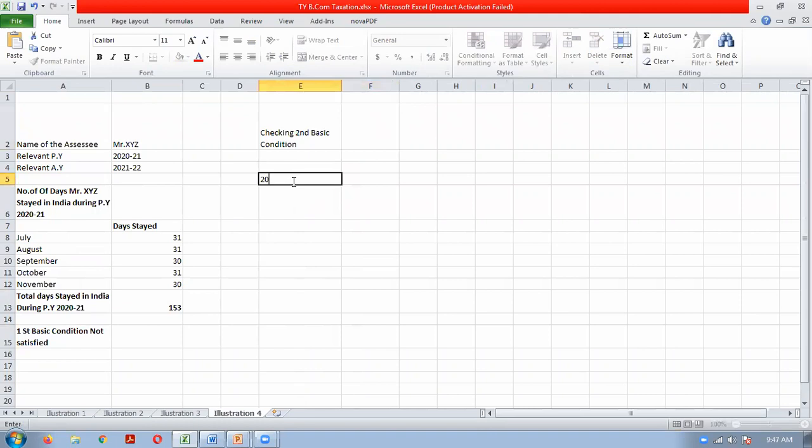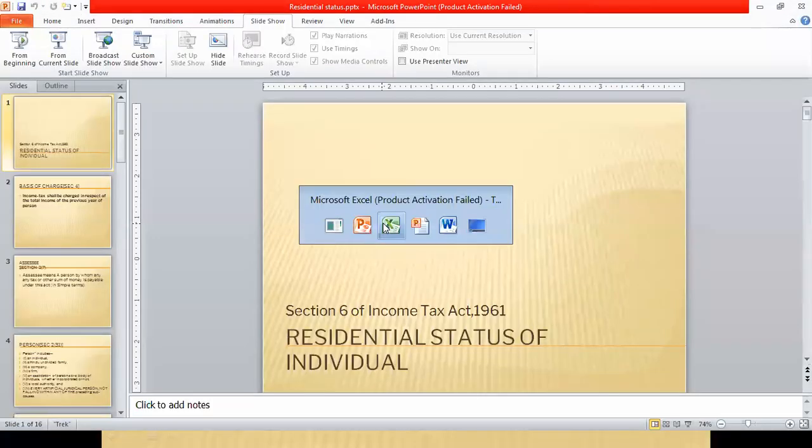During the relevant previous year 2021, and for 4 years you have to go backwards. So the 4 years will be 19-20, 18-19, 17-18, and 16-17. We have already been given the number of days directly.